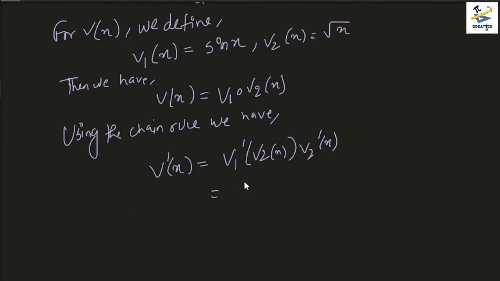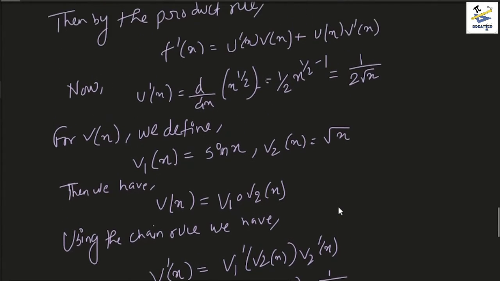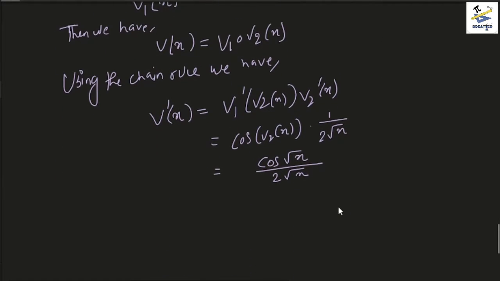And we know v1'(x) is cos x, so it's basically cosine of v2(x) into 1 by 2 root x, which just gives me cosine of root x by 2 root x. And when we put that back, what we do get is as follows.